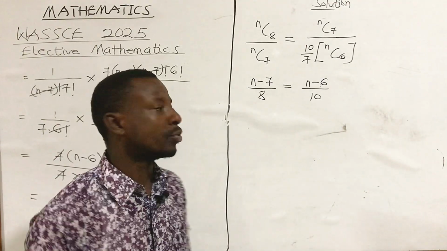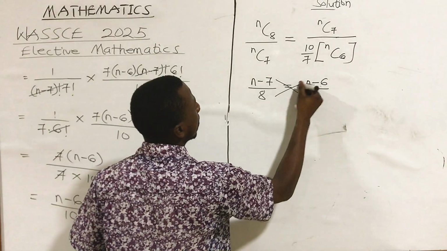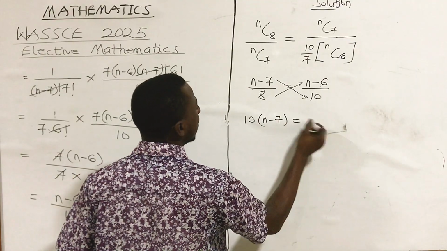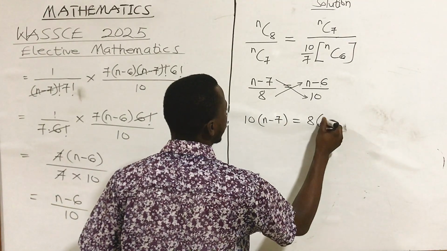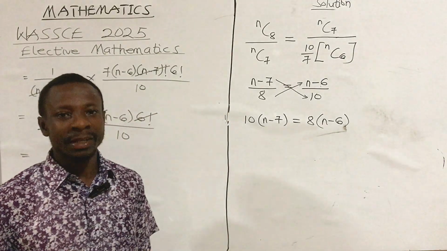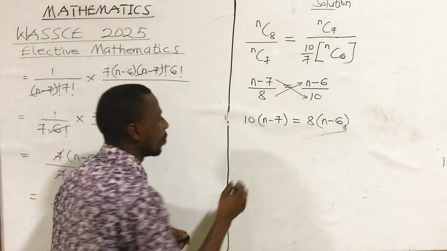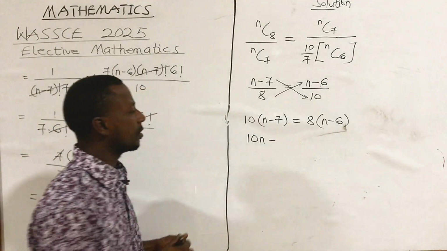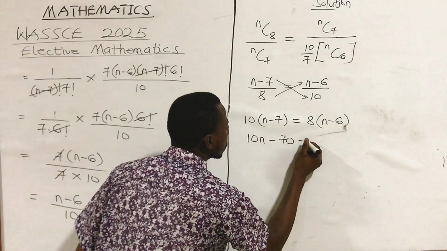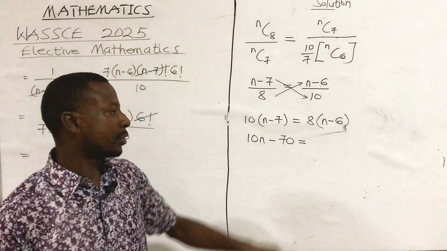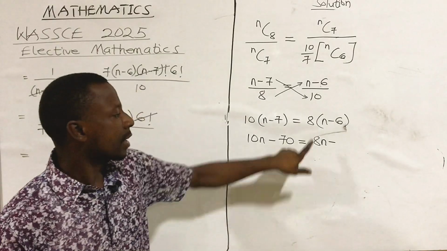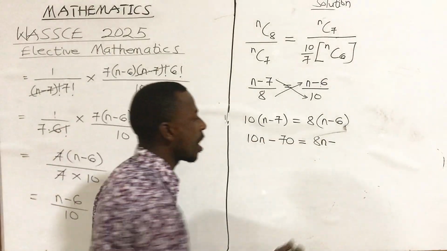And what you are going to do is to cross multiply. So we have 10 multiplying (n minus 7) is equal to 8, also multiplying (n minus 6). So here we are going to expand the bracket. 10 times n, we have 10n, minus 10 times 7, we are going to get 70, which is equal to 8 times n, we have 8n, minus 8 times 6, we have 48.